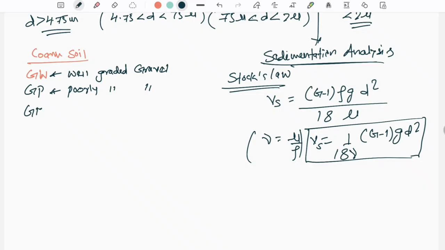Similarly, GM: G is for gravel and W is for well, P is for poorly, and M is for silt. So this GM soil is called silty gravel.